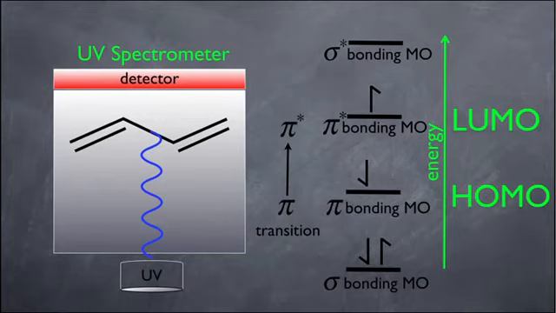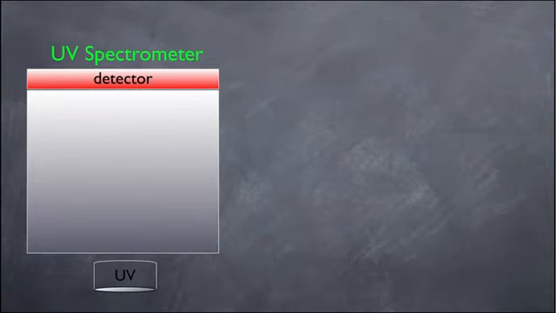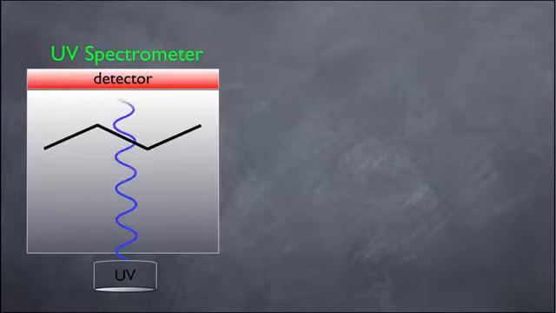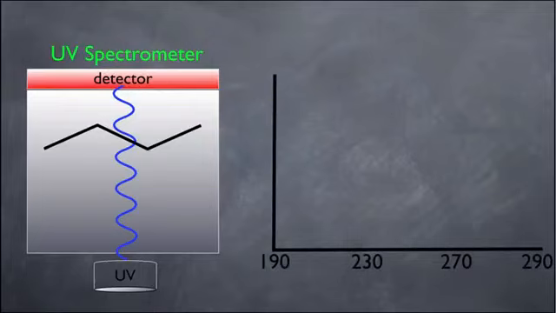So now let's talk about how to read the data. Okay, so let's go back here. Remember, if we stuck a non-conjugated system molecule here in our UV spectrometer, we will shine all the UV rays at all those wavelengths, and it'll go right through the sample and hit the detector. And what happens here, the machine spits out this basically.